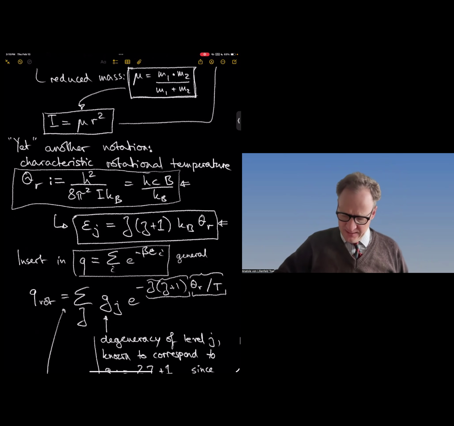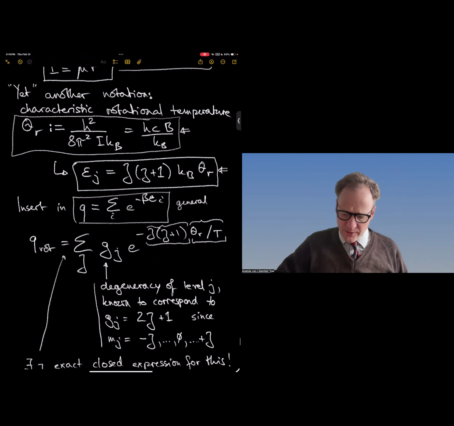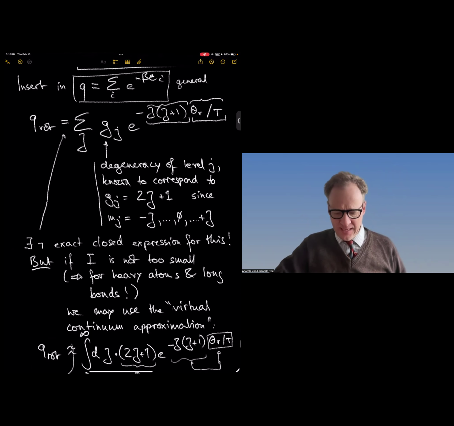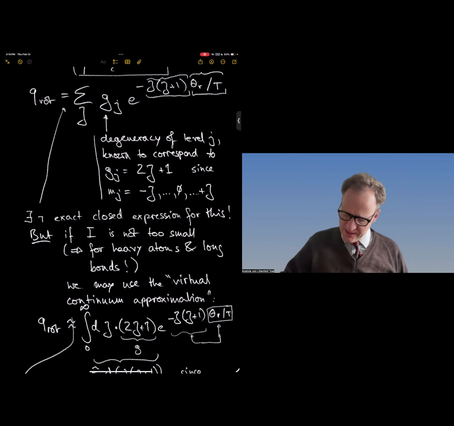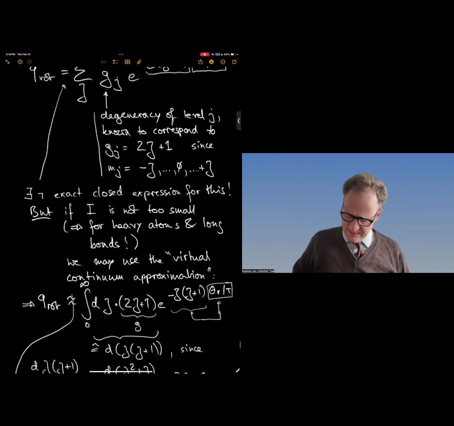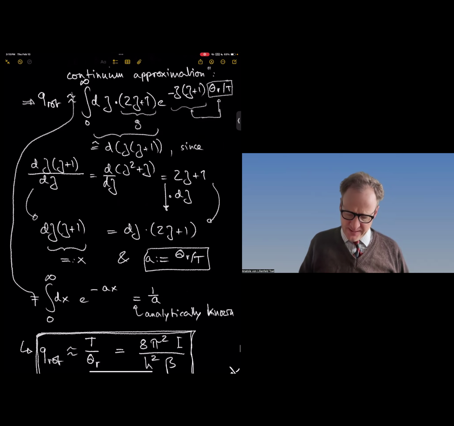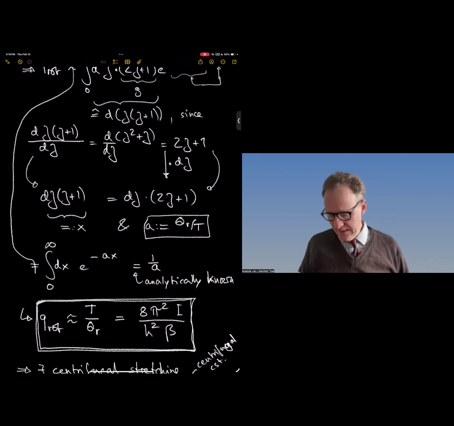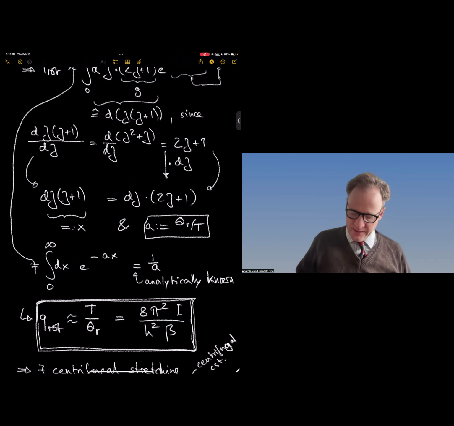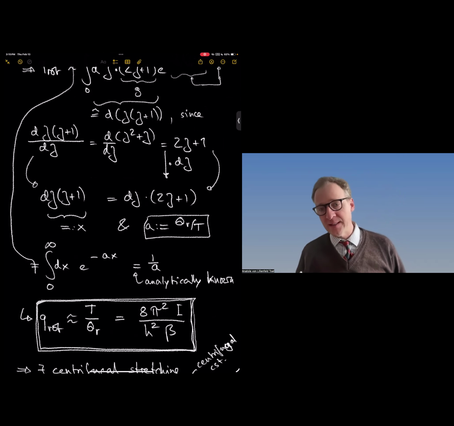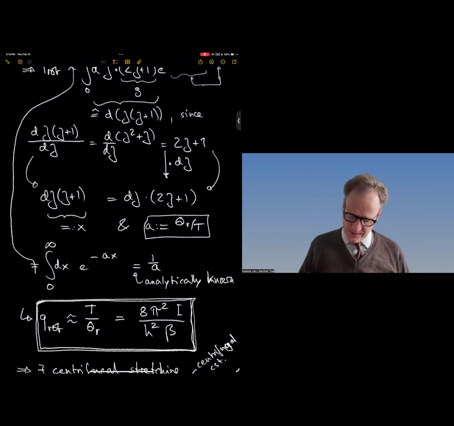Now, we found out that this sum can be approximated by this integral in the continuum approximation. And what we end up with is that our rotational partition function is approximately T over this characteristic temperature, T over tau r, okay?